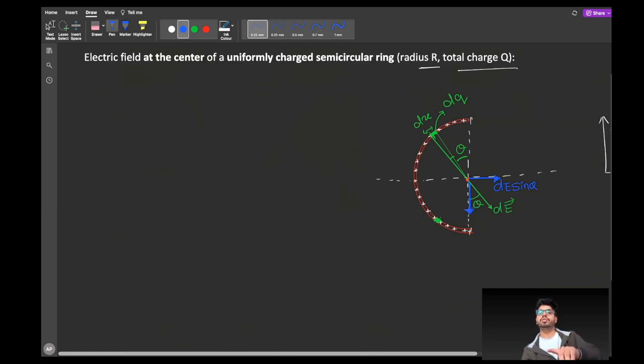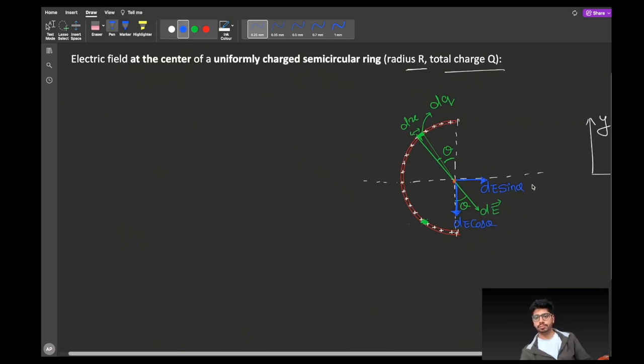Do not get confused with horizontal and vertical, because this is the theta that is given, so the component adjacent to theta is always dE cos theta. So I write this as the dE x component, and this as the dE y component, the vertical component.